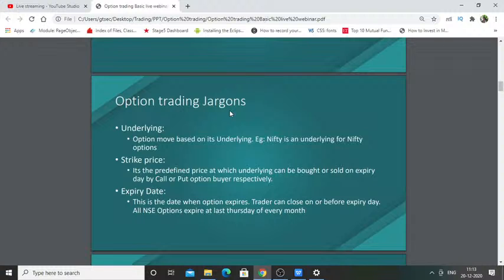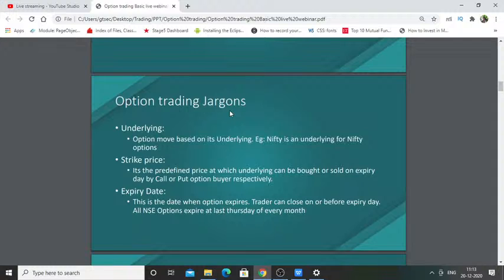For example, after December 31st, the expiry of the current month, we will be able to see the next month's contract for trading as well. You have to close your options on the expiry date.